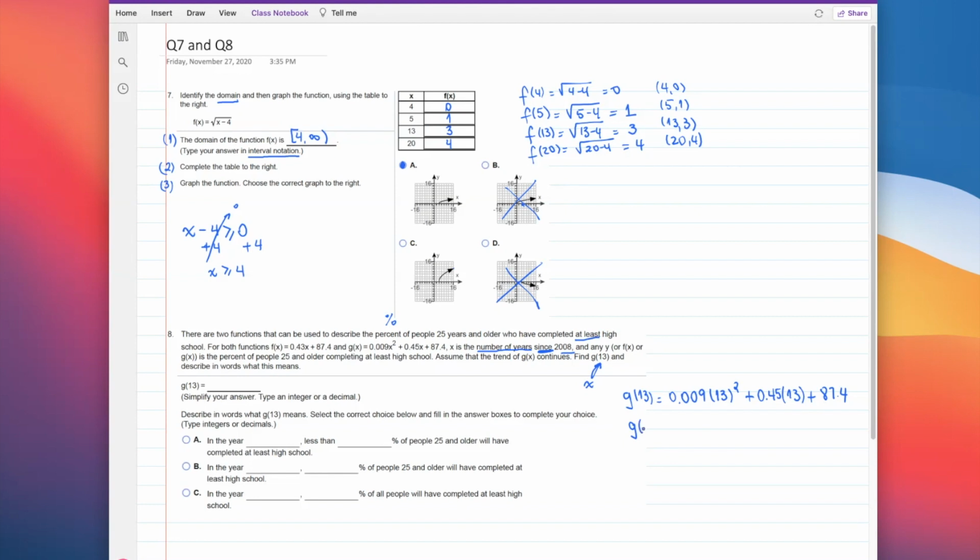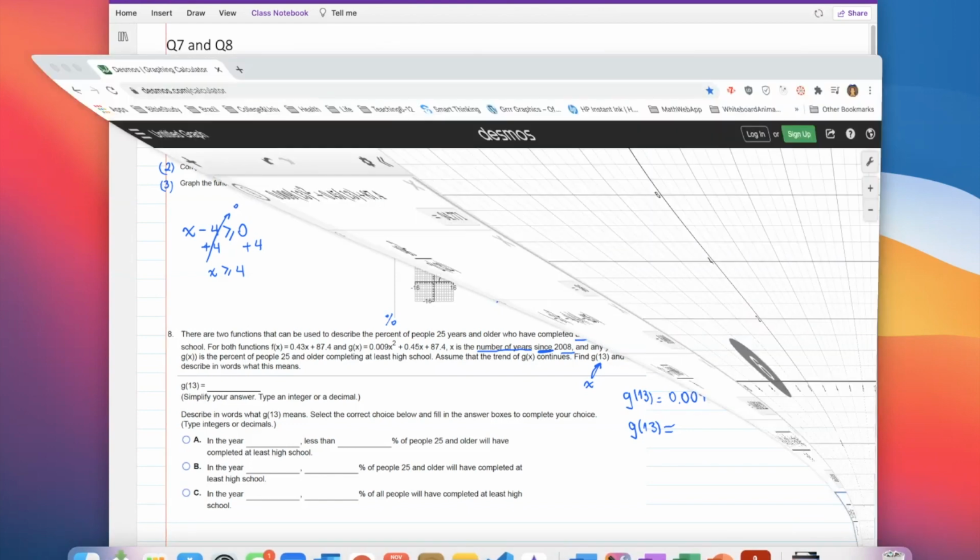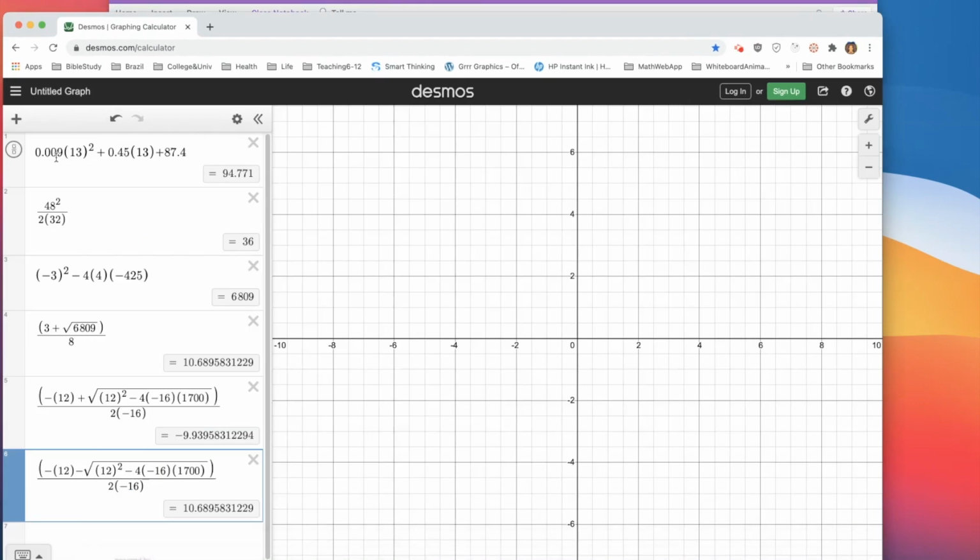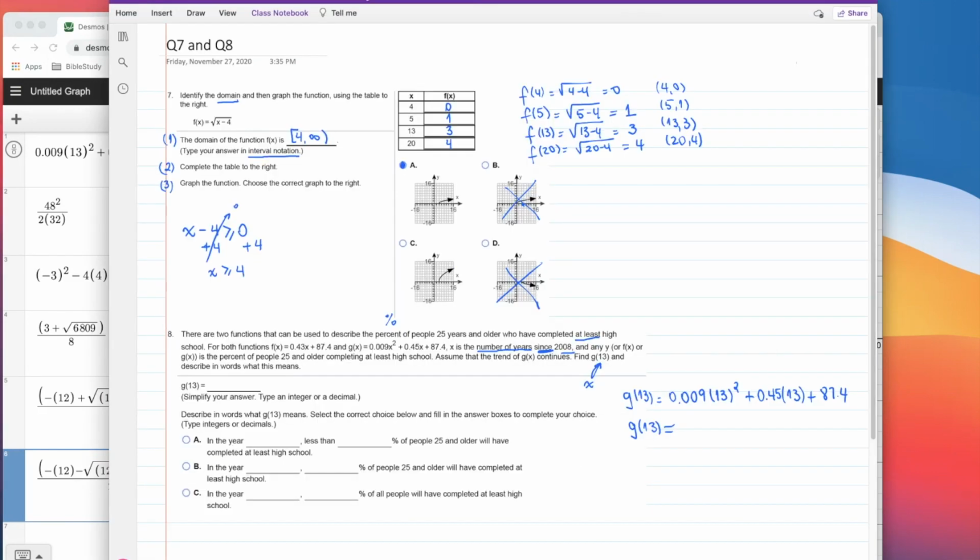I'll use the Desmos calculator. I plot this here. Let's see what I get. I plotted this and I got 94.771.